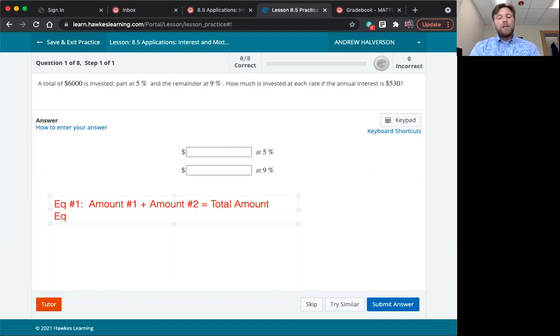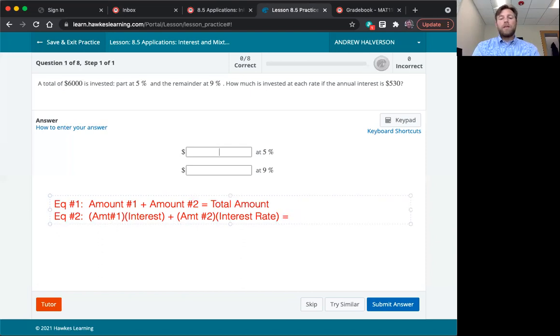The second equation typically is the mixture equation, where you're taking the amount for number one and multiplying it by the specifics of that particular amount. In this case, we're dealing with investments, so you take the amount you're investing times the interest rate, plus the amount you're investing in number two times its interest rate.